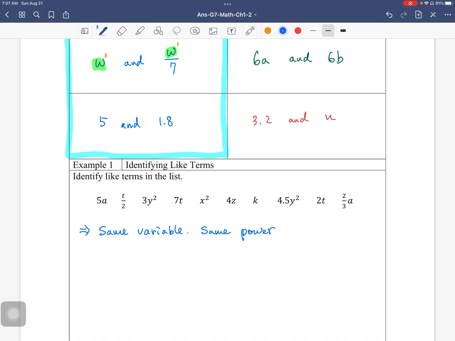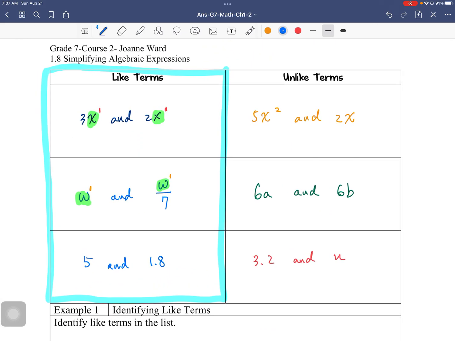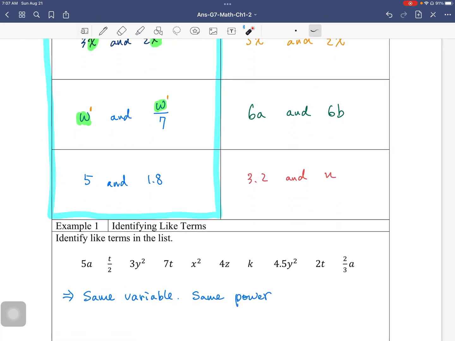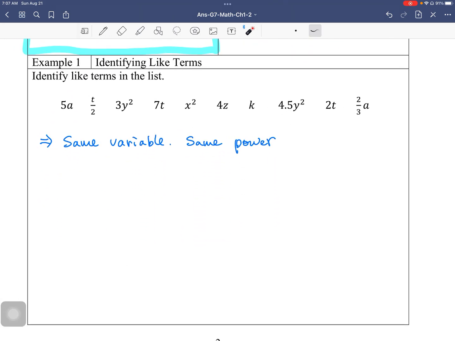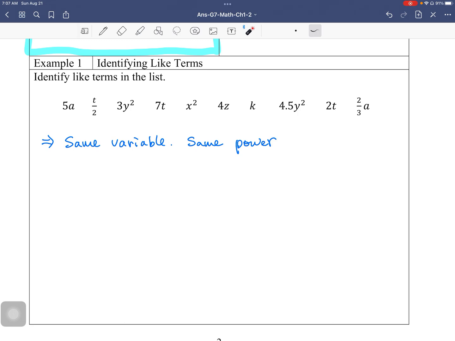With a, I have the same variable and the same power. So the first group is 5a and 2 over 3a. These are like terms.